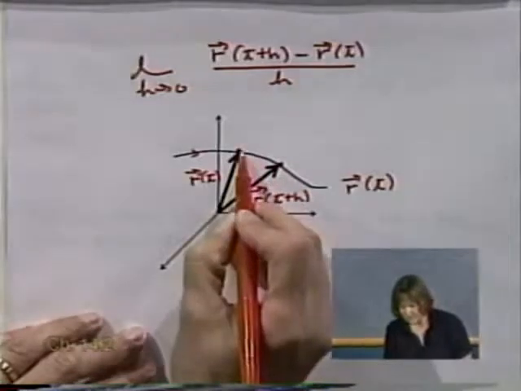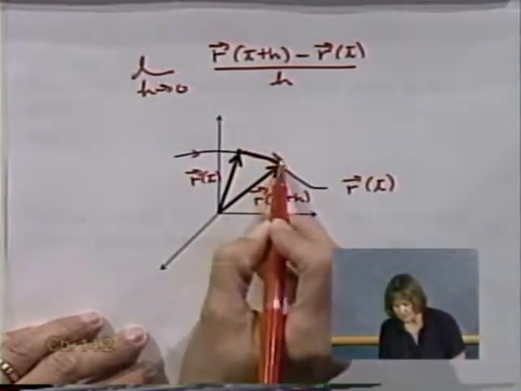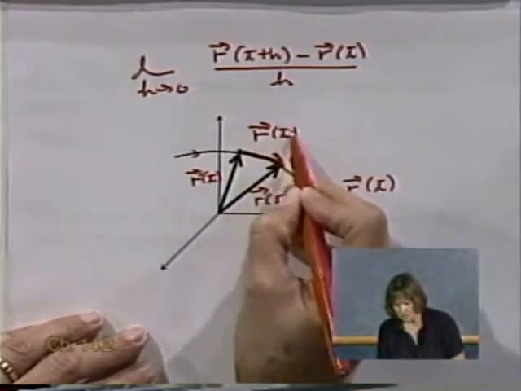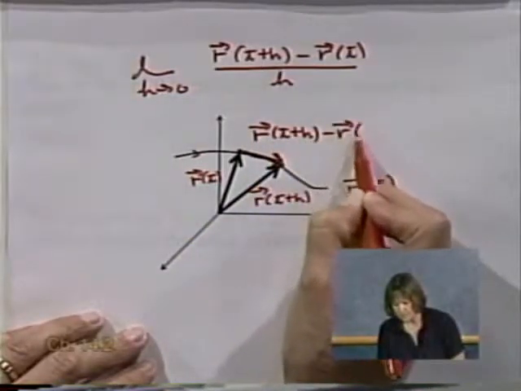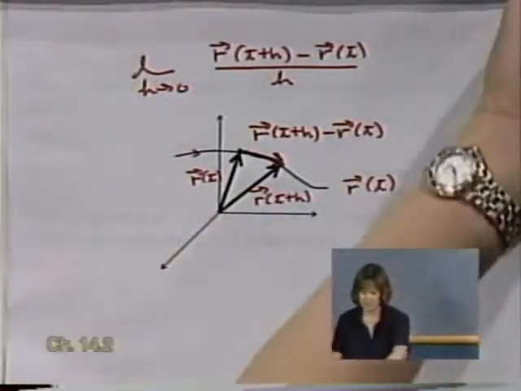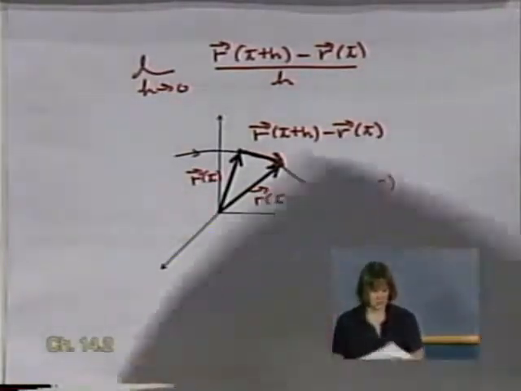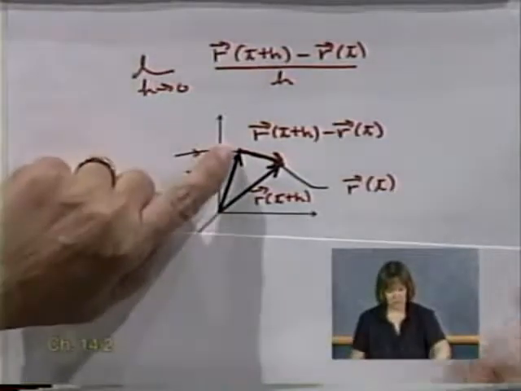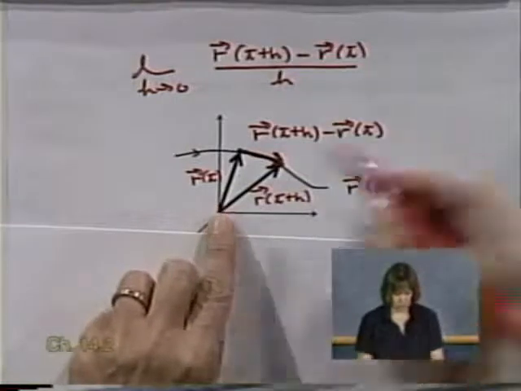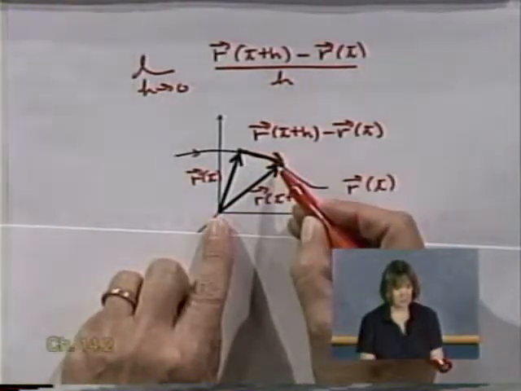Notice this vector right here, the vector from here to here, is r of t plus h minus r of t. Because notice, when you add two vectors, what did you say you did? You would draw the first vector, you would draw the second vector where the first one ends, and your solution starts where the first one starts and ends where the second one ends.